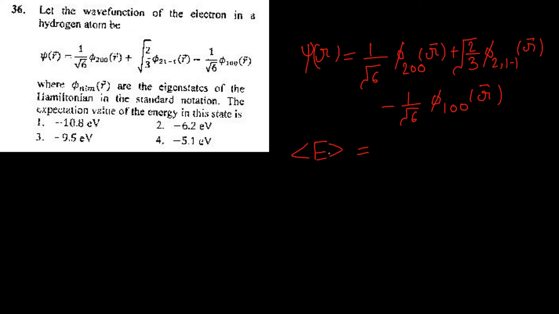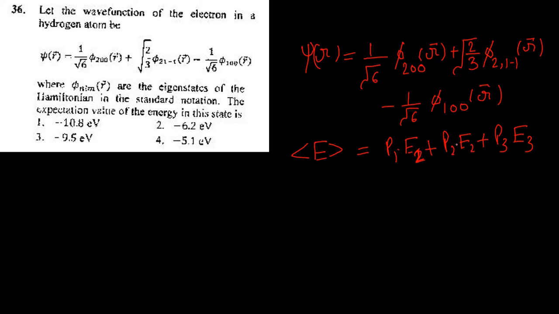Now we will find out the expectation value of E, which is P1 into E1 plus P2 into E2 plus P3 into E3. Here P means the probability of the particle in the given wave function. So here this is psi 2, so the energy here will be E2, and the energy for this will be E2.